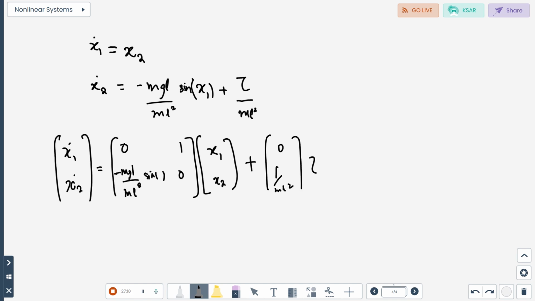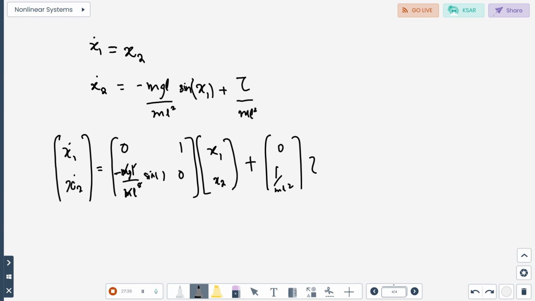Fine. So we can actually put x1 dot and x2 dot in this particular form. So you cannot actually separate sine and x1s. You cannot put them like this in two different matrices. I just did this for illustration. And also this m and m, actually here goes l, and l goes, this is actually minus g by l here only.